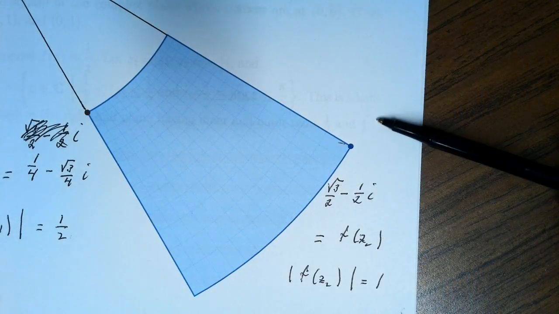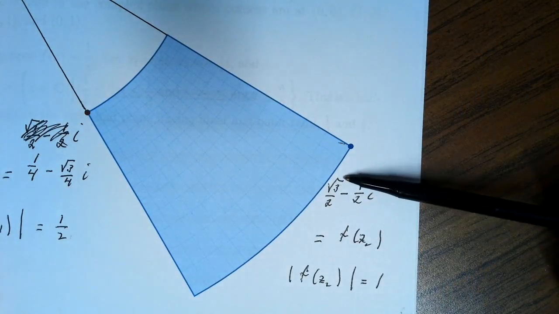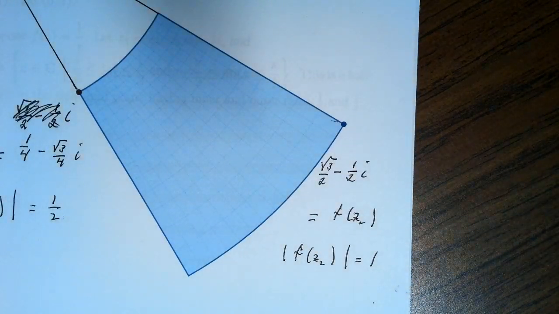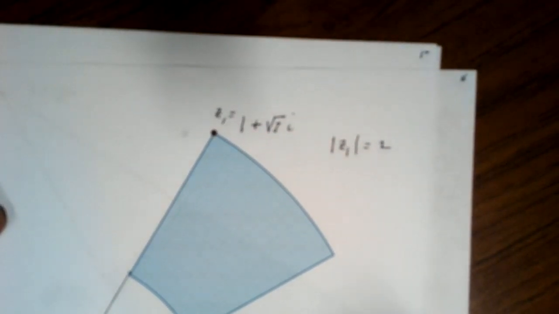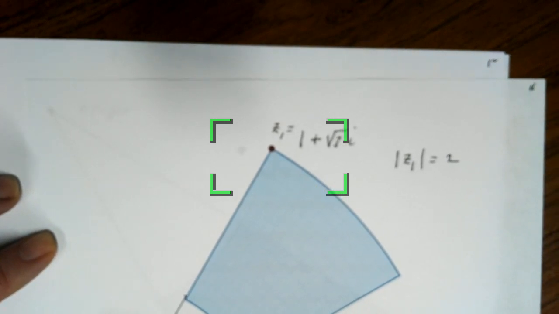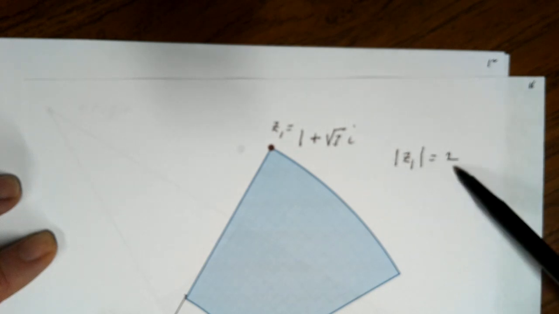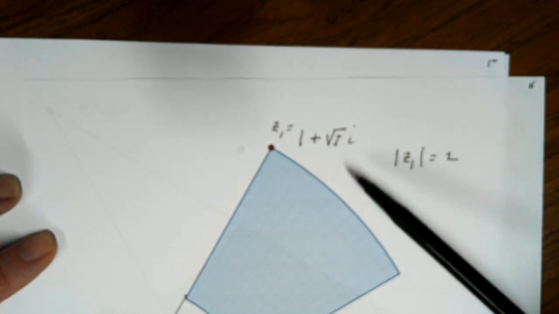z2 was a point on the unit circle. This is f of z2, which we calculated a moment ago. Its modulus remains at 1. So again, the geometric effect of the inversion mapping is to take z1, which was outside the unit disk, and map it inside the unit disk.